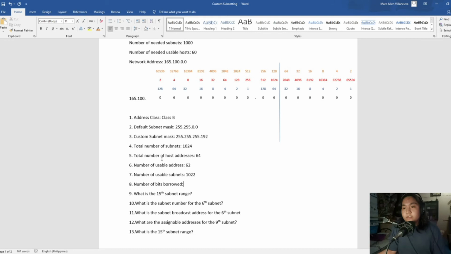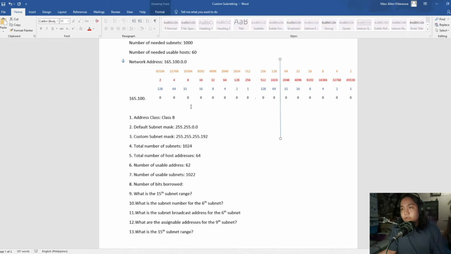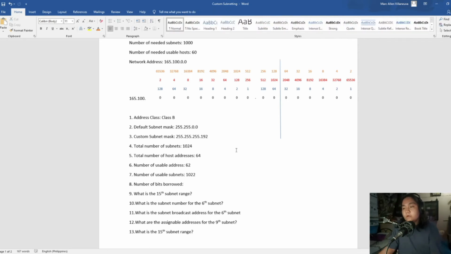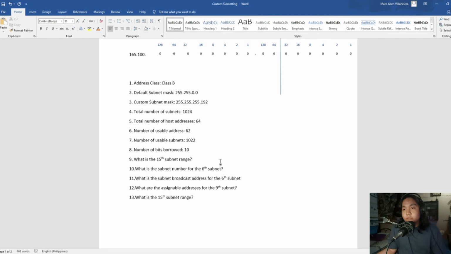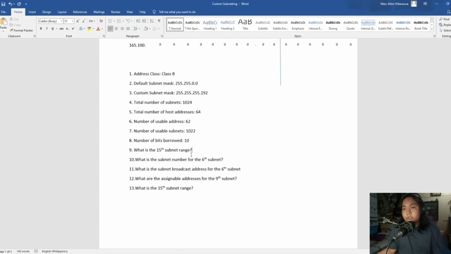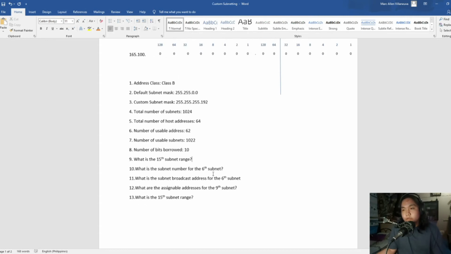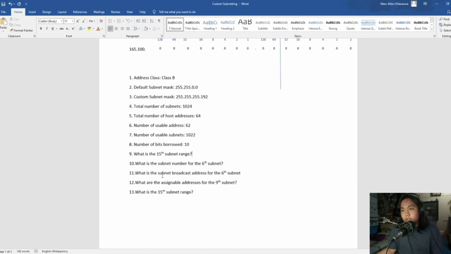Now next, number of bits borrowed. As you can see here, we have our line, and we have 1, 2, 3, 4, 5, 6, 7, 8 bits for our third octet, and 2. So 8 plus 2, we have 10 bits borrowed. Now proceeding to the next questions, they are asking the following questions.